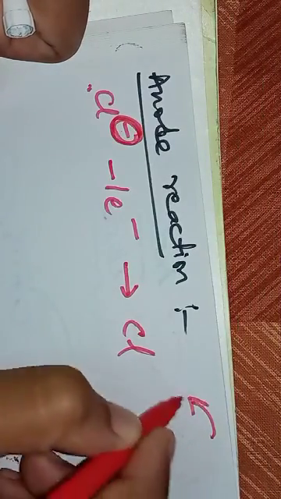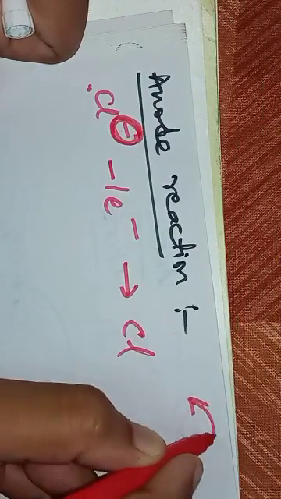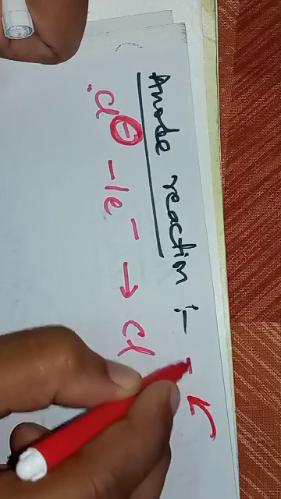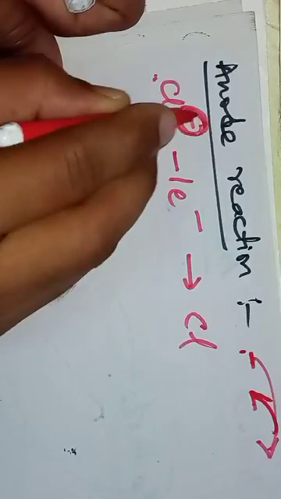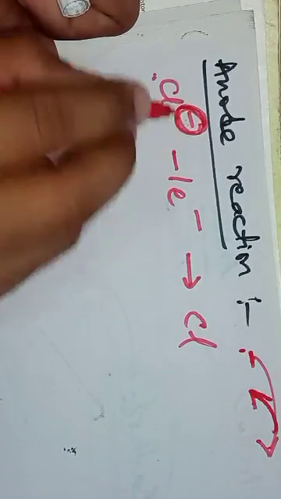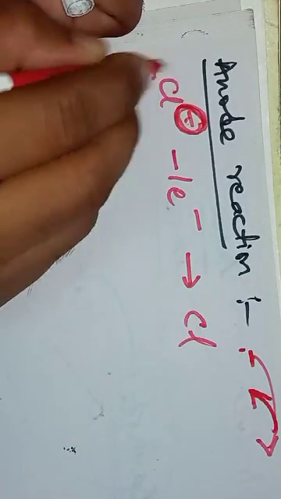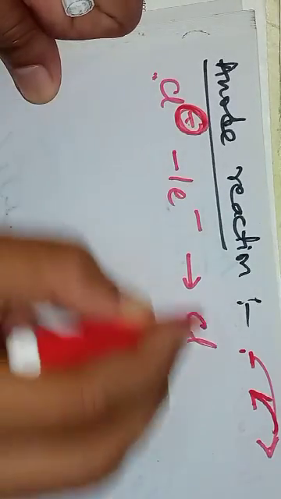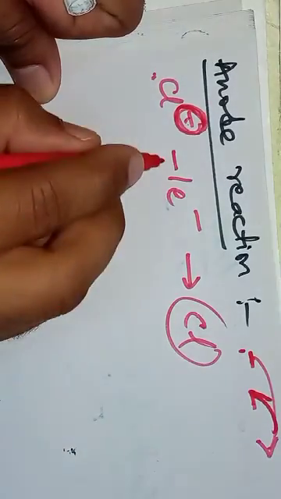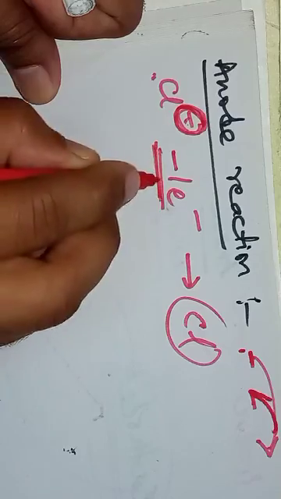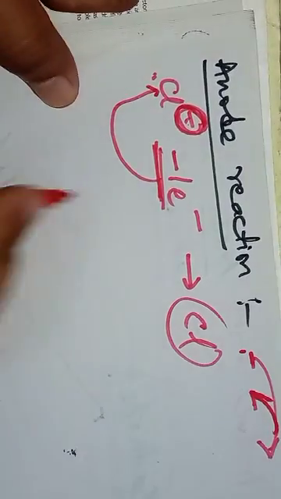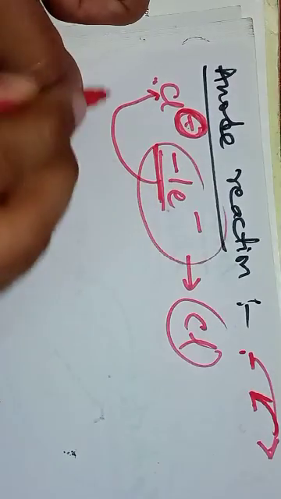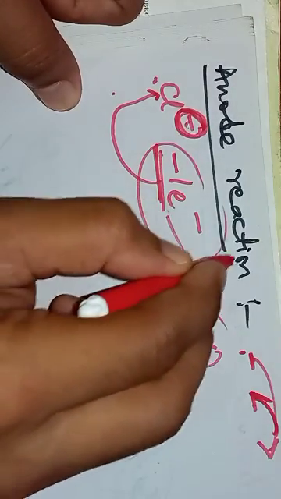If an atom acquires an electron, it gets the negative charge. If it loses that electron, it becomes positive. So it is having extra negative charge. If this anion loses this electron, it will become neutral, it will get discharged. And this extra electron is coming from the chloride anion, and it will go towards the anode.